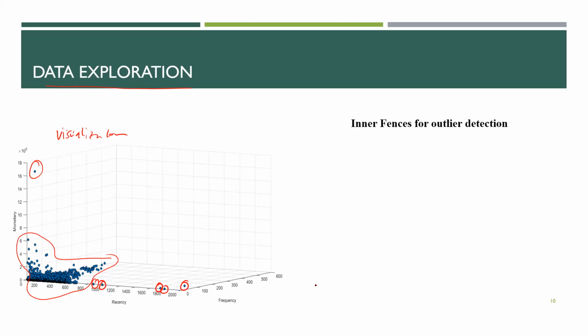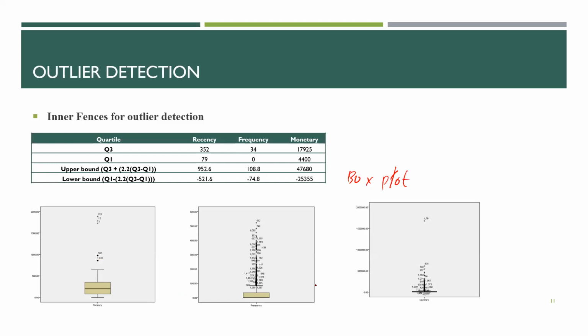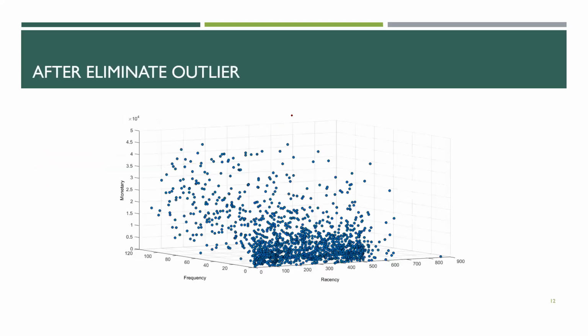It is just initial screening, but then we have to make sure our visualization is correct. So I use a more scientific step, a statistical approach, using a box plot, to make sure there are some outliers.